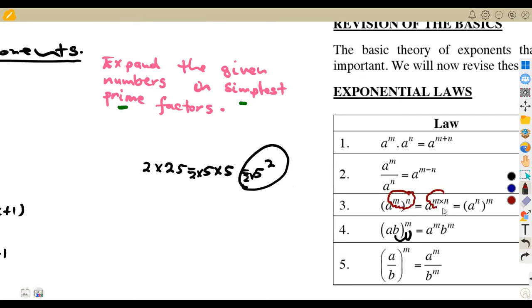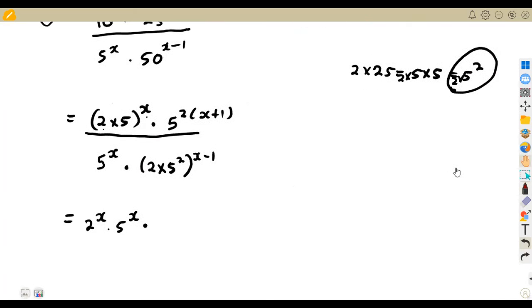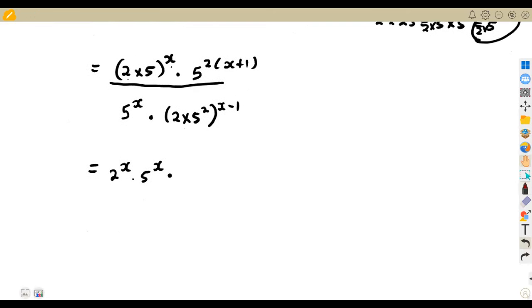We multiply the exponents, m times n, under the same base. Under the same base of 5, we multiply these exponents. So this will be 5 to the exponent of 2 times x, which is 2x, and 2 times 2 gives us 4. So we have 5 to the exponent of 2x plus 2.